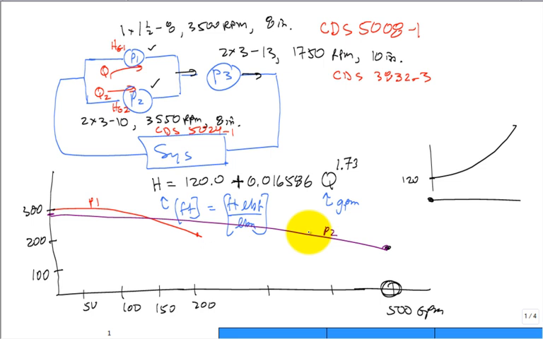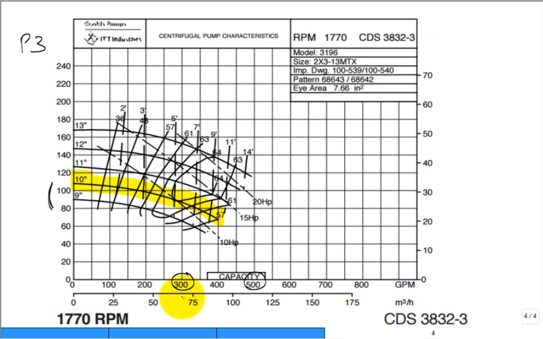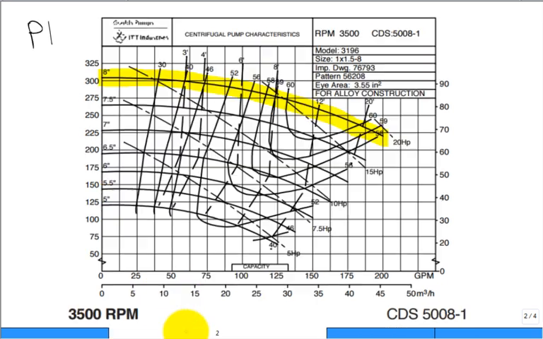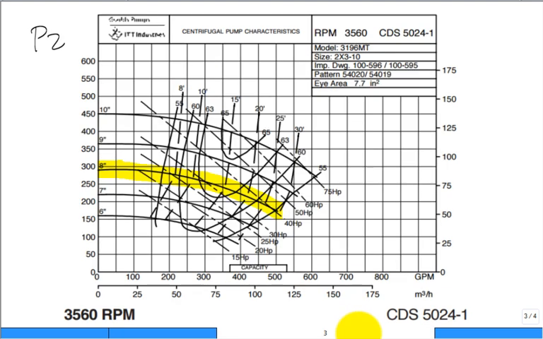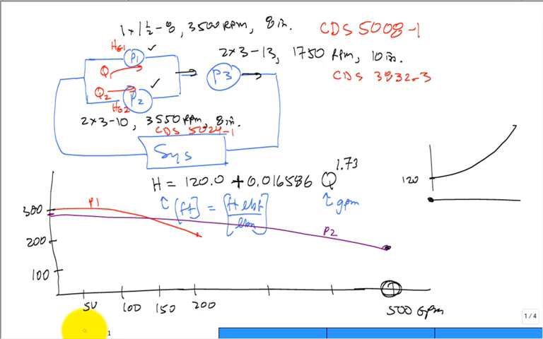And if I had 300 GPM going through the combination, then what's going through pump 1? 100. This is just guessing. And what's going through pump 2? 200. True?